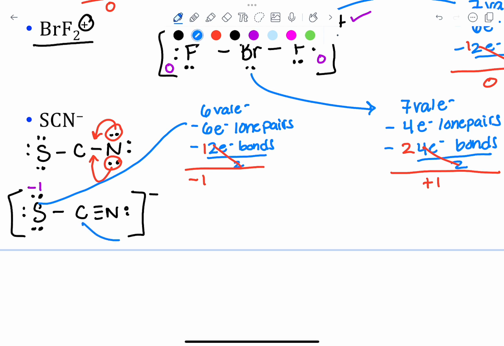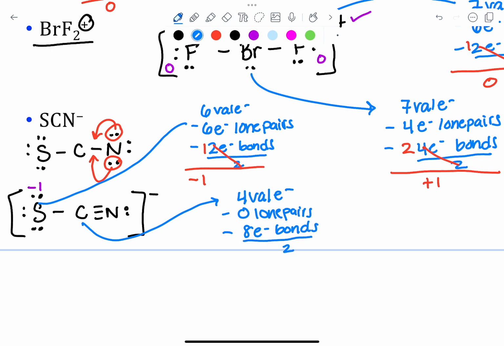Our carbon is next. Carbon has 4 valence electrons. It has no electrons in lone pairs. And it has 8 electrons in bonds, which we divide by 2 because they're shared and simplify to 4. So 4 minus 4 is 0. The formal charge on the carbon is 0.